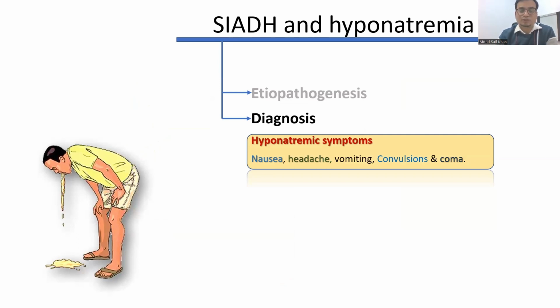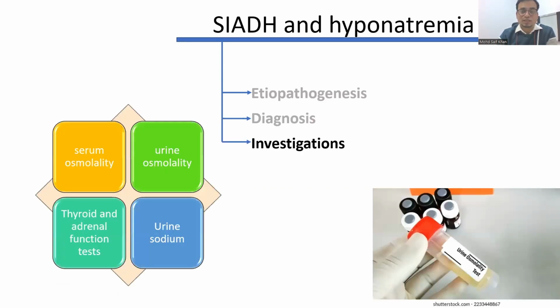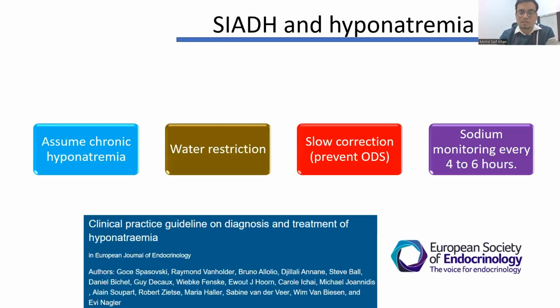If the development of hyponatremia is quite short in time, then the symptoms would be severe, even to convulsions and coma. Serum osmolality will be lower and urine osmolality will be higher. To rule out other etiologies, perform thyroid and adrenal function tests, and don't forget to send the urine sodium.